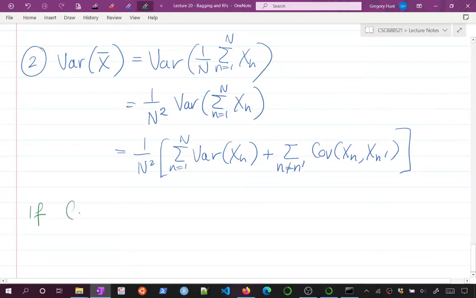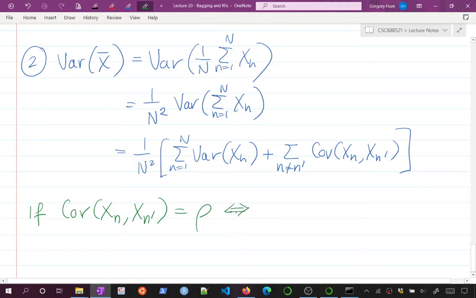If all of these things have the same covariance, so the covariance between any n and n prime, well, let's say the correlation between n and n prime, let's call that rho.